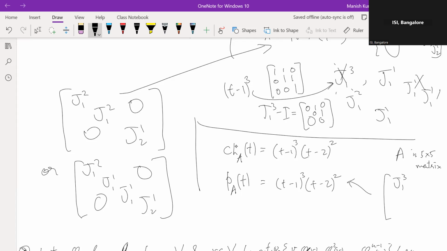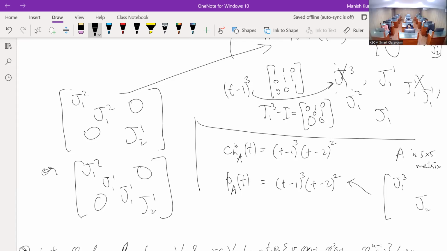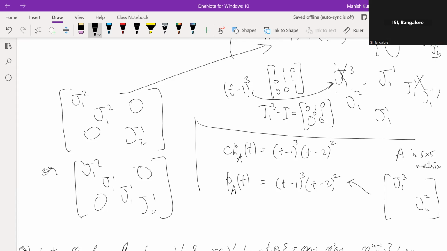J22. J22, yeah? So there is only one possibility. In fact, you can show that when the characteristic polynomial and the minimal polynomial are the same, then you can also determine the Jordan form. There is only one possibility, which is that for each eigenvalue there will be only one Jordan block.